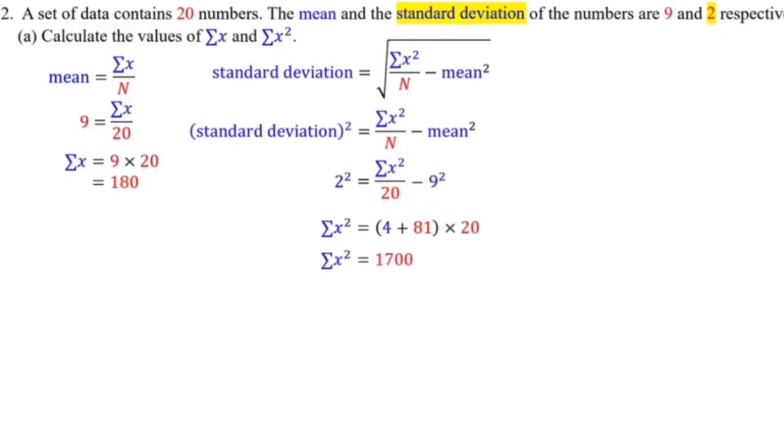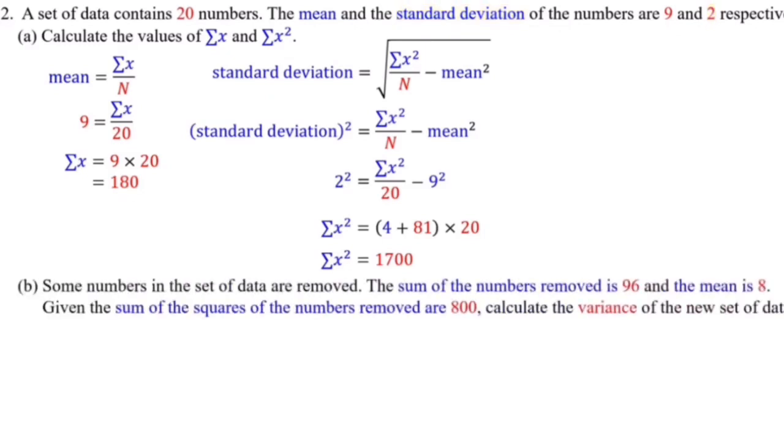A bit challenging. Let's see the information given. Sum of the numbers removed is 96. Mean is 8. And sum of the squares of the numbers removed is 800. Find the variance. Okay, now we want to find the variance. So we write the formula: sum of data square over n minus mean square. The mean we write as sum of x over n. Then we will use the information there to find how many data were removed.